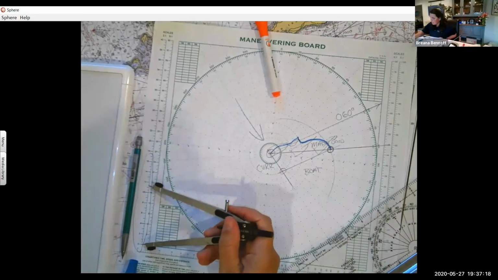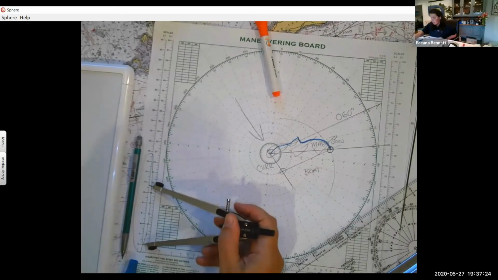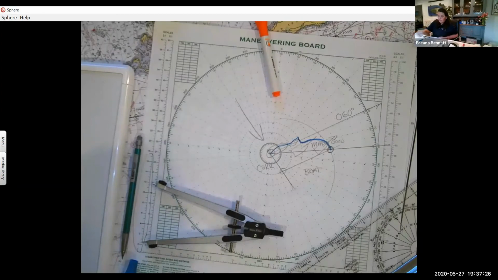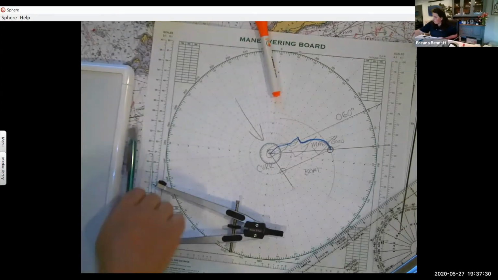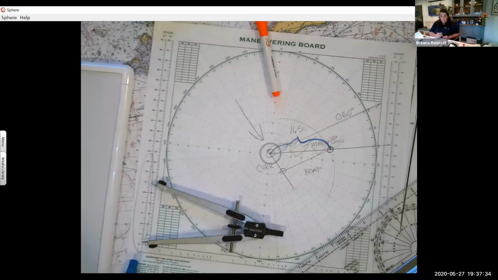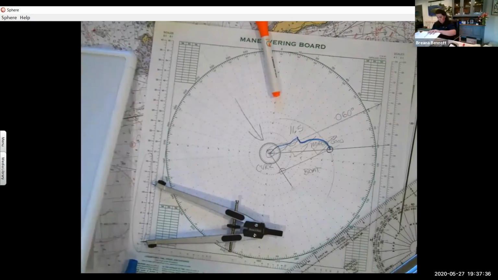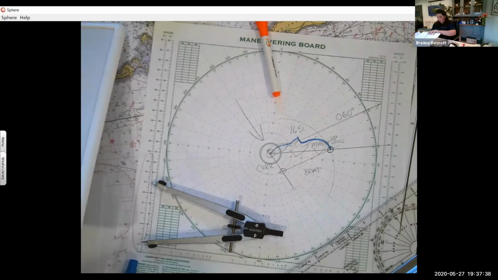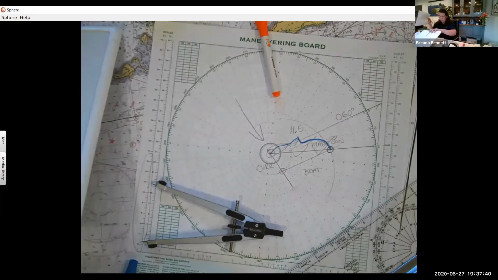Faster. Okay. We got about 11.5. Hmm, 1.4. Close enough.